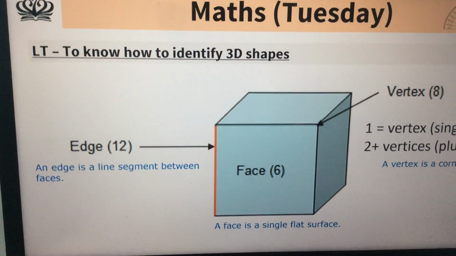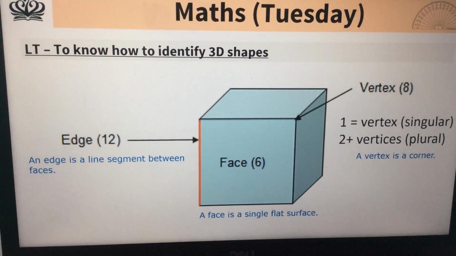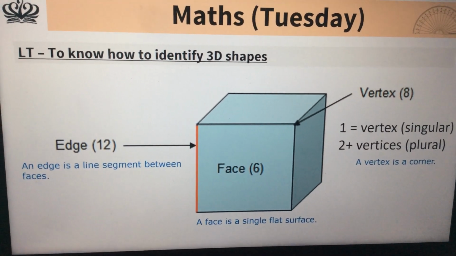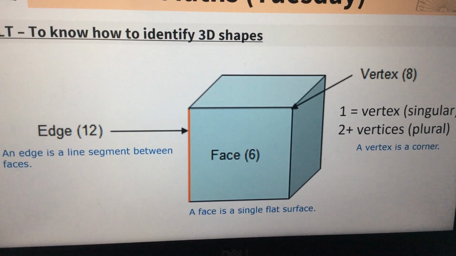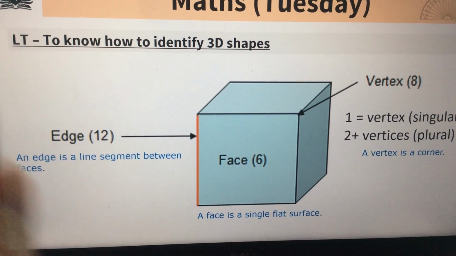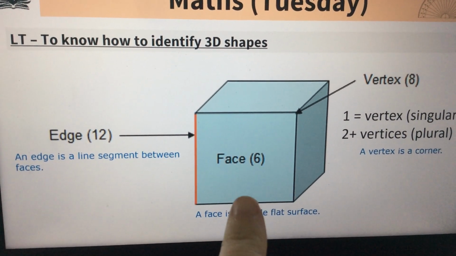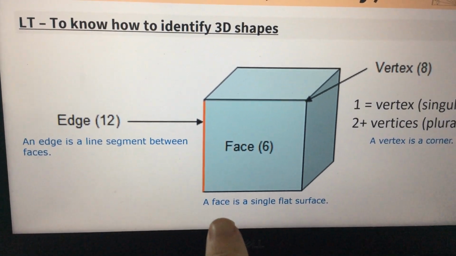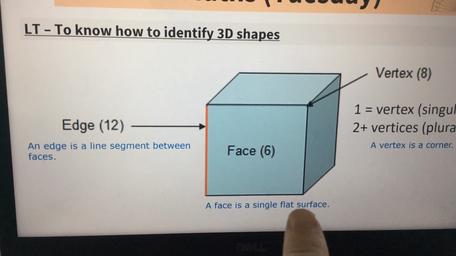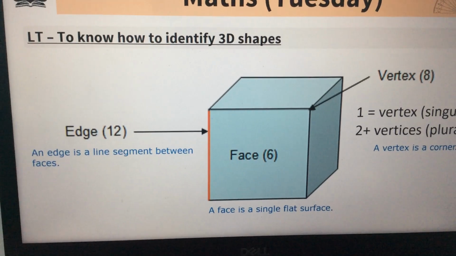Right, this is the important bit for today. We've got to get our head around this for our work. So, the different parts, the different properties of 3D shapes. For this one, we've got a cube. So we have the face, and the face is the single flat surface. Just like my cube here, it's the flat bits.